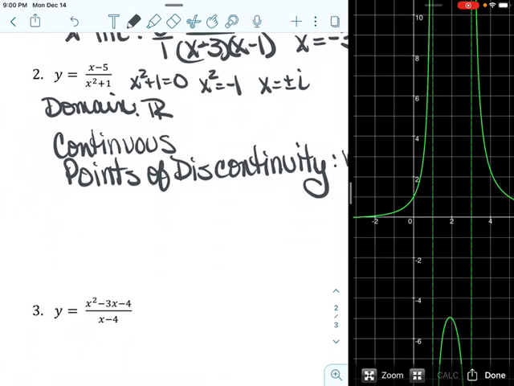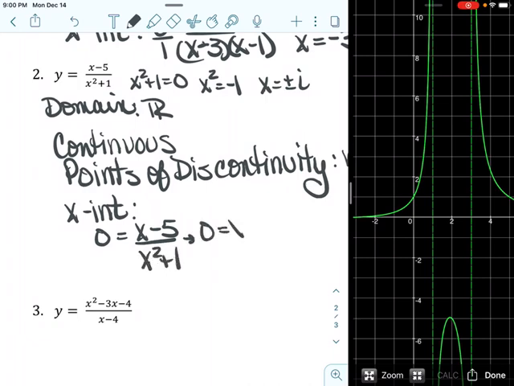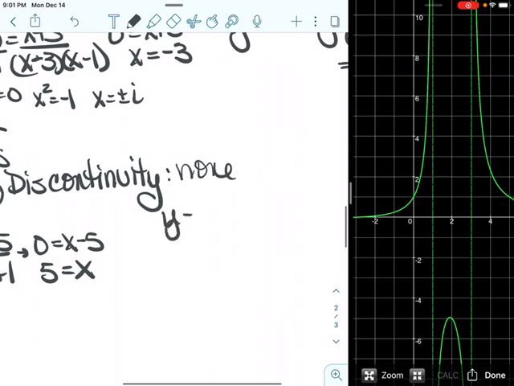And so we're going to find our x-intercept, 0 in for y, solve for x. And it ends up being just the numerator. So 0 equals x minus 5. 5 is equal to x. And our y-intercept, 0 in for x, solve for y.